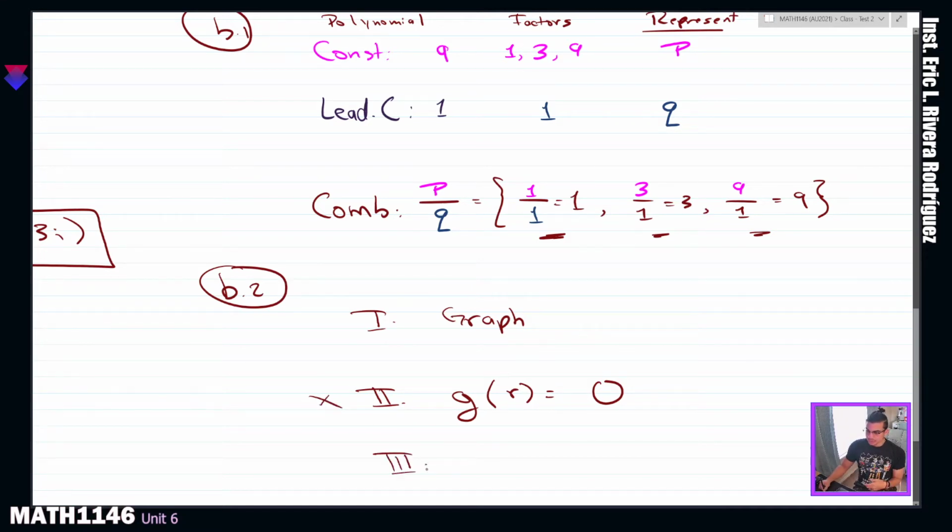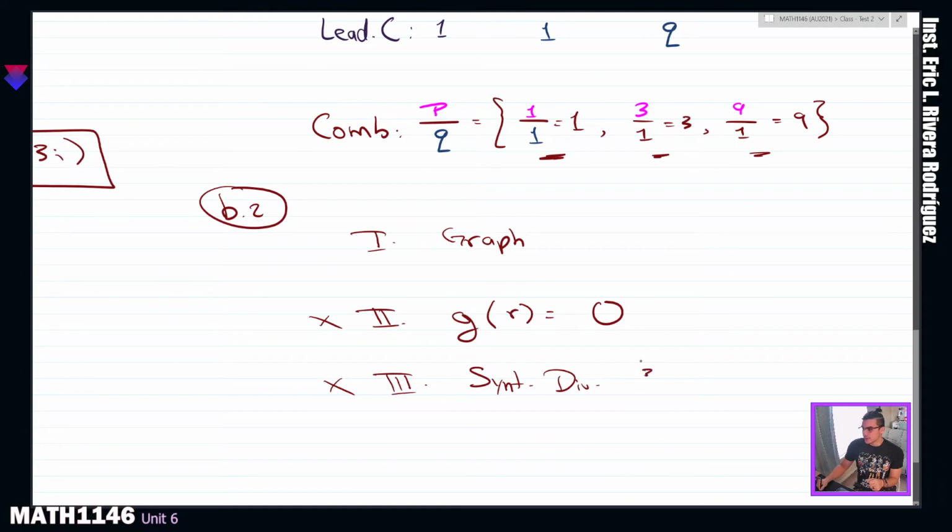The third one, the least one that you are going to use, is where you use synthetic division. If you find a remainder of 0, that means you are going to create a linear polynomial from this possible rational zero.